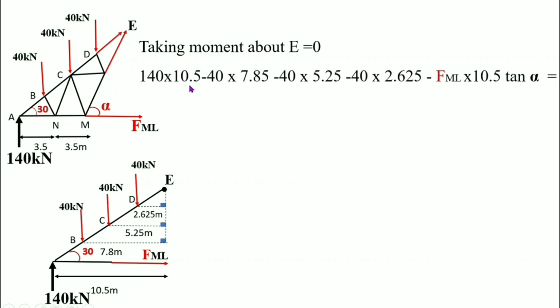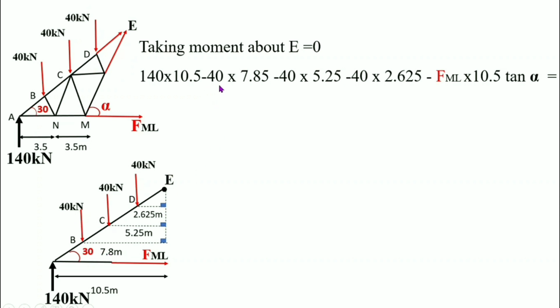140 into 10.5. The 140 is the upward reaction component and 10.5 is the perpendicular distance to E. This positive sign indicates we take anti-clockwise as positive and clockwise direction as negative. Minus 40 into 7.875. 40 is the downward force and the perpendicular distance is 7.875 meters.